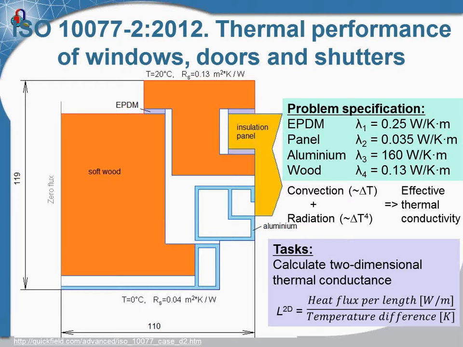The ISO standard recommends to adjust the thermal conductivity of the air so that the conductive flux will also include the radiation and the convection heat flux components.